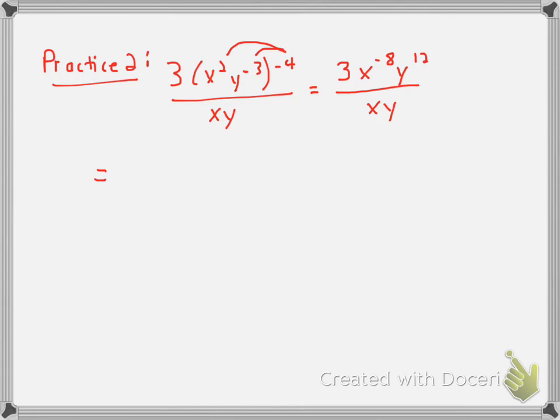Okay, we can move x to the negative 8 to the bottom. So we'd have x to the 8th. We'd also have an x and a y in the denominator. Now what happens?